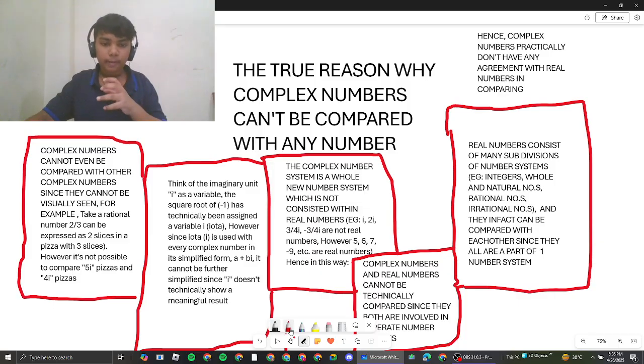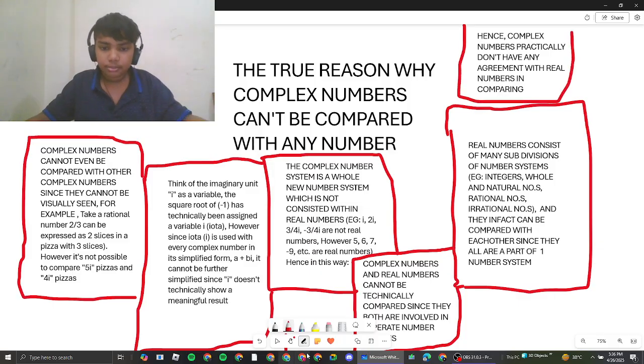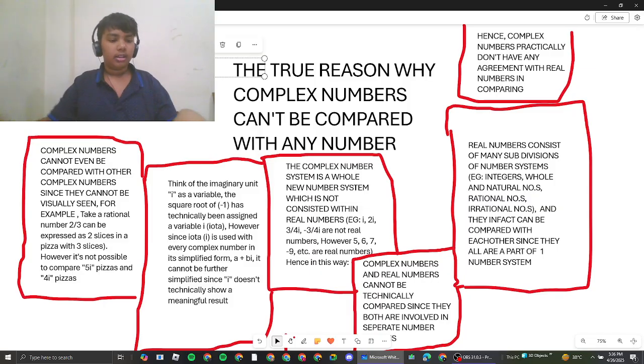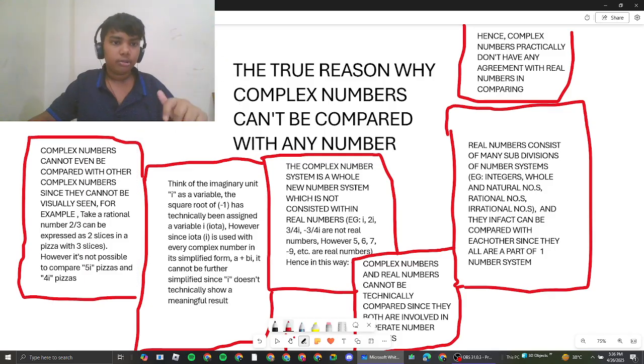Don't jumble them up. If you want to compare a number, it should be within that number system. A number can be compared within its number system. Okay, understood? So these are the main points. But yeah, of course, the modulus of a complex number can be compared in fact.